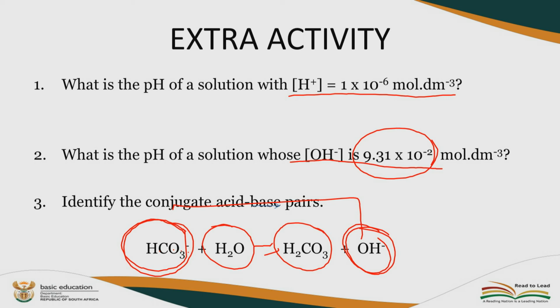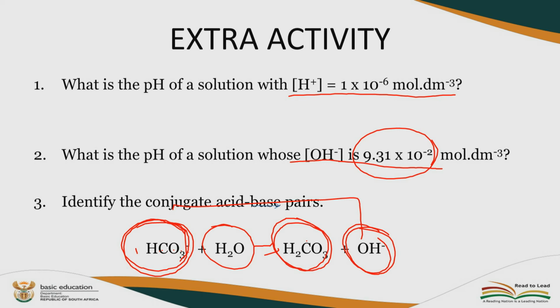But when you look at this hydrogen carbonate ion and this carbonic acid, you can see that the thing that makes the two different is only one hydrogen. So when you look at conjugate acid-base pairs, you look at those substances that differ by a proton.